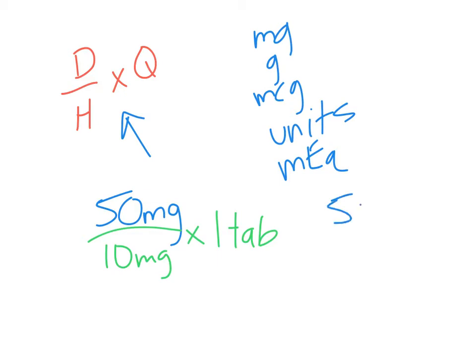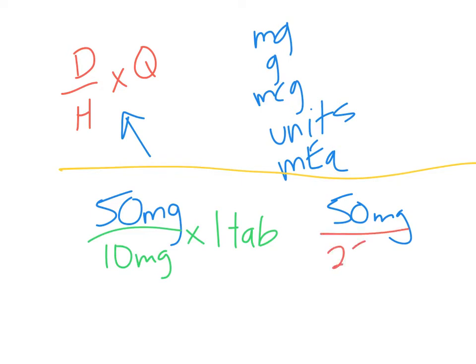What if it came in 25 milligrams per 2 milliliters, meaning for every 2 milliliters of liquid in that medication, you get 25 milligrams? That's our H and our Q in the formula, and we did 50 divided by 25 times 2 to determine that they need 4 milliliters.